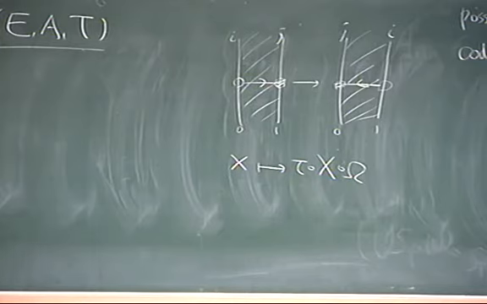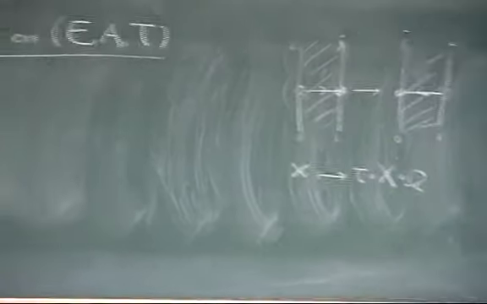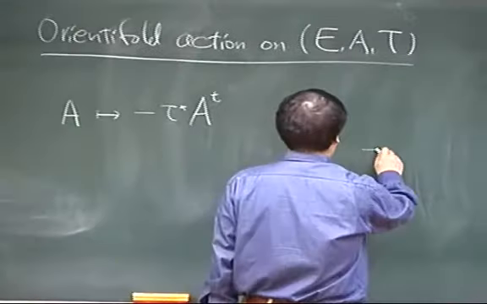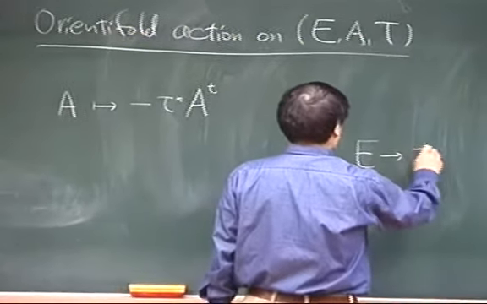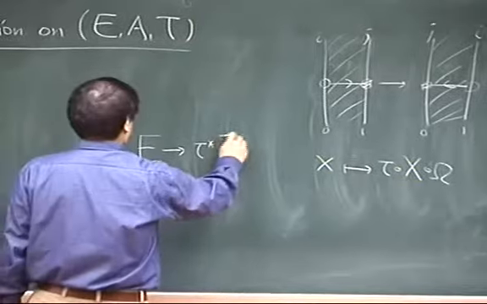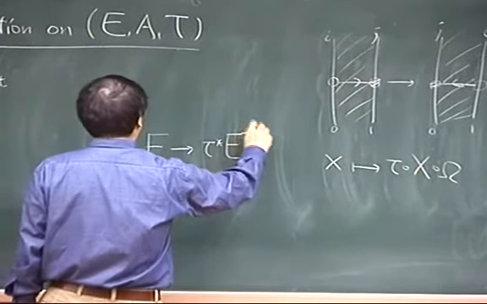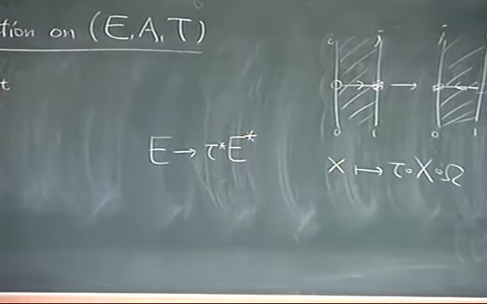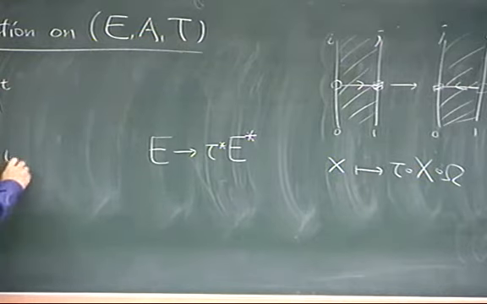But of course, if you have a transpose, the natural thing to do is to take the minus transpose, and that would correspond to E to tau star E star, and T, same for T. For this case, there is no a priori reason to assume which sign you should take for this T. So this is the natural guess.